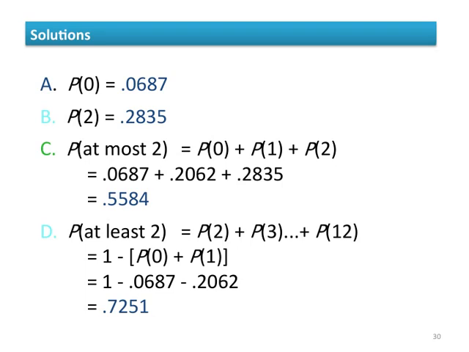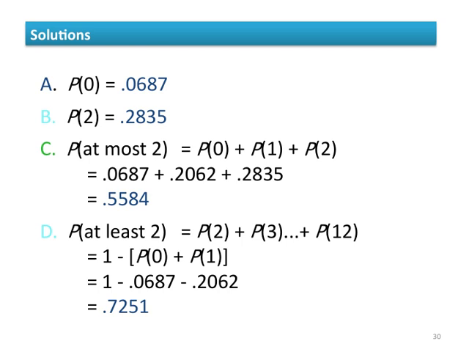First, the probability that 0 events occur, p0, is quite low, indicating that it's unlikely nothing happens in this scenario. Next, the probability of exactly 2 events happening, p2, is 0.2835, which is significantly higher, suggesting that 2 events are fairly common.